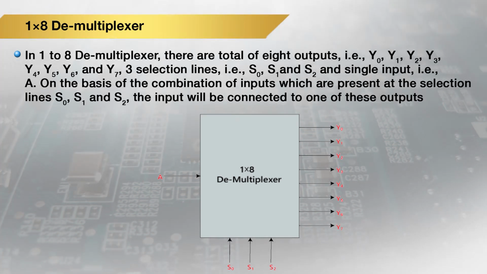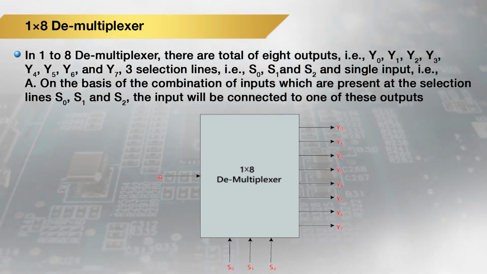In the 1:8 demultiplexer, there is a total of 8 outputs, that is Y0, Y1, Y2, Y3, Y4, Y5, Y6 and Y7. To have 8 output lines, we will require 3 selection lines.